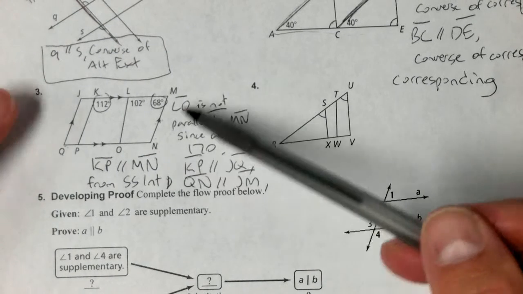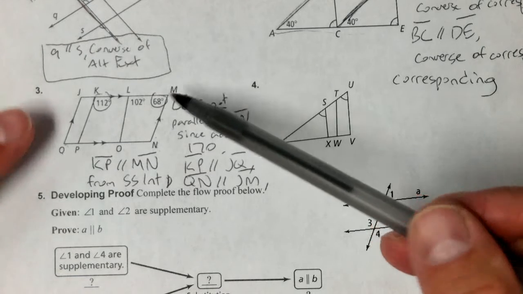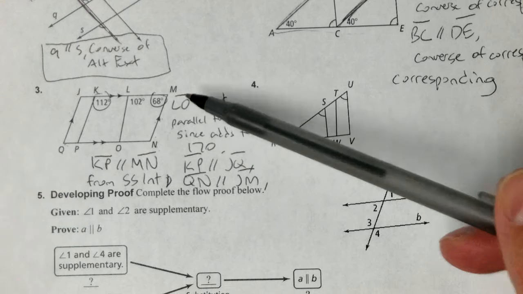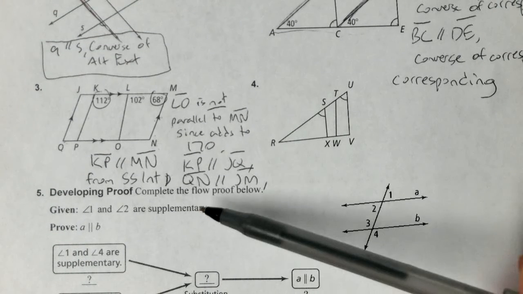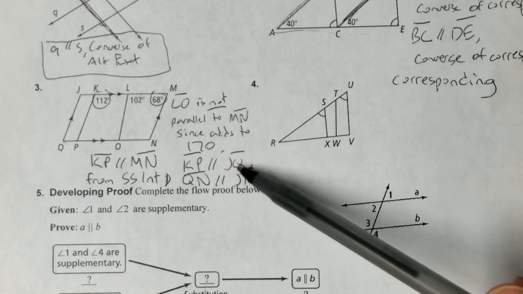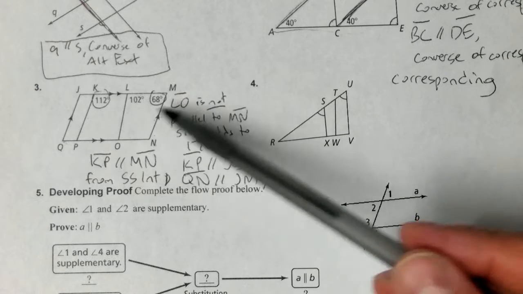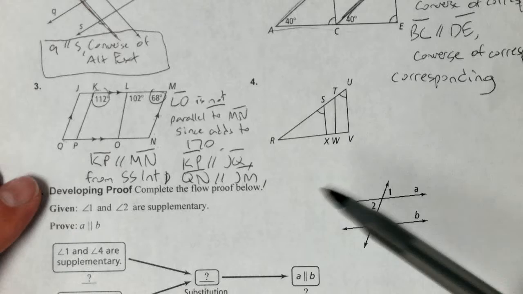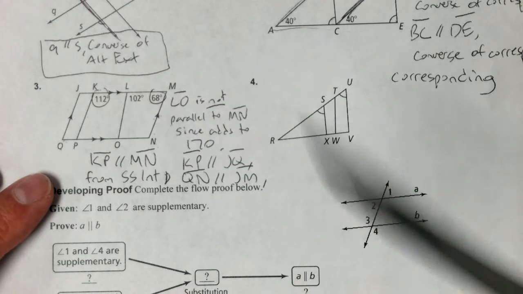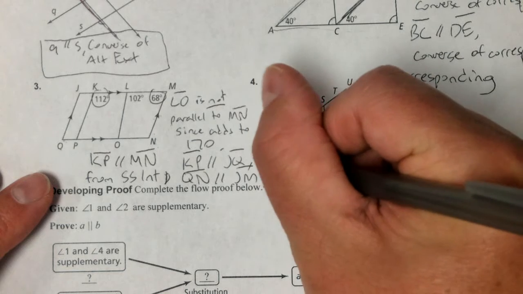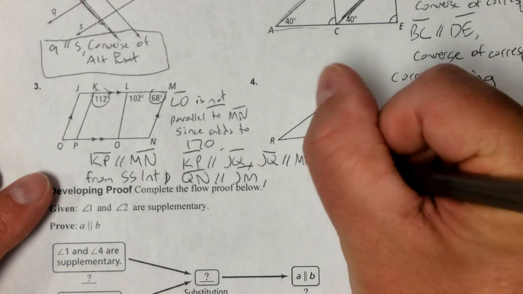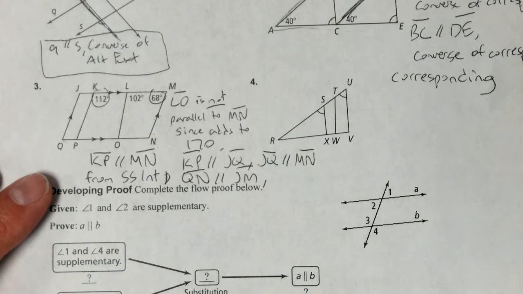So QN is parallel to JM, and we also know that QJ is parallel to NM. Have we already put that one? Well, we did JQ, but we did with KP, not MN. So we'll say JQ parallel to MN. So those are all your answers about all the lines that are parallel.